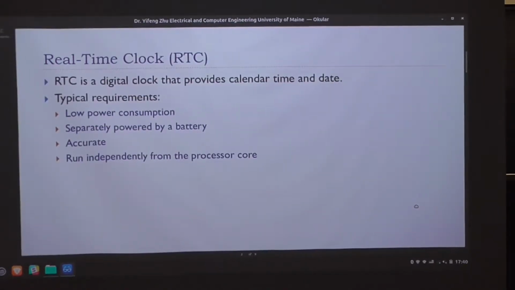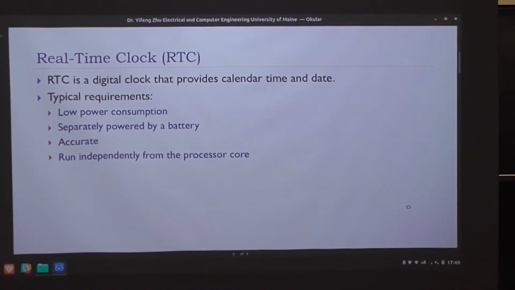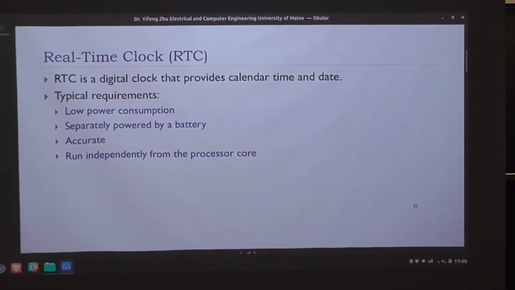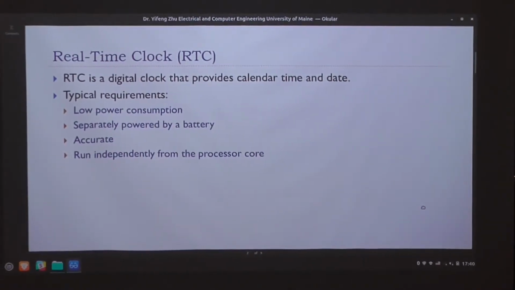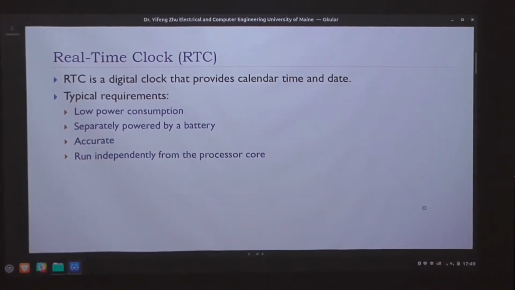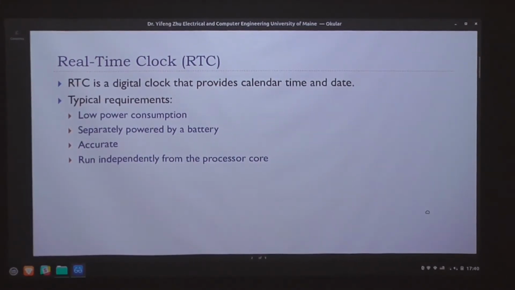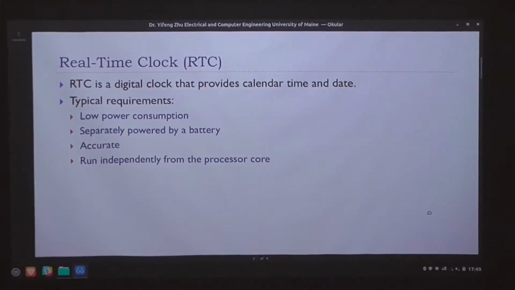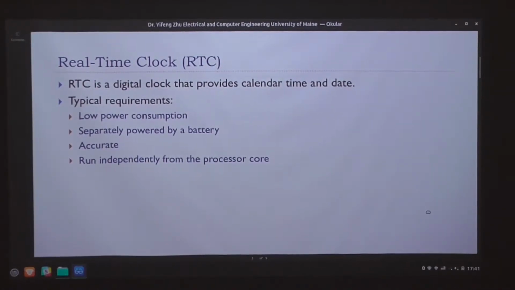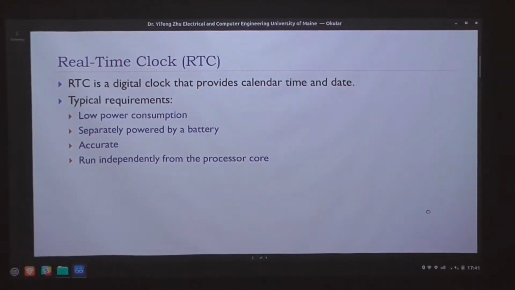So, the real-time clock is a digital clock that provides calendar, date, and time. Generally speaking, when you have a real-time clock, you want it to consume as little power as is humanly possible, right? That is because these things are typically powered by a separate battery source than the rest of the circuit.